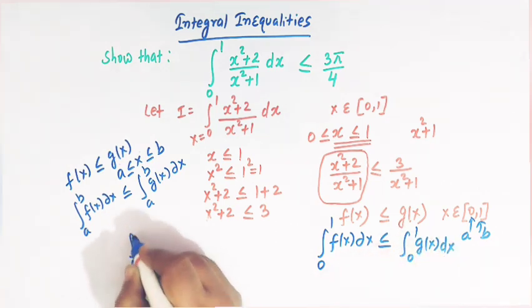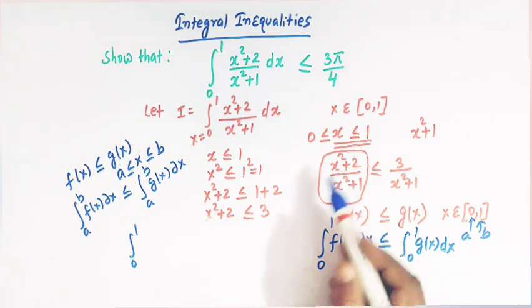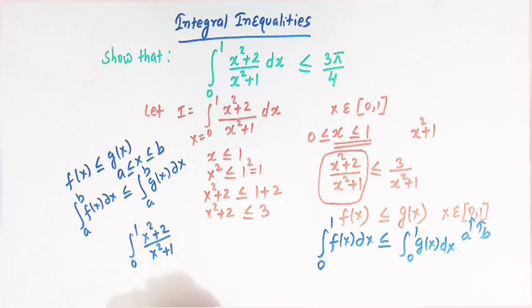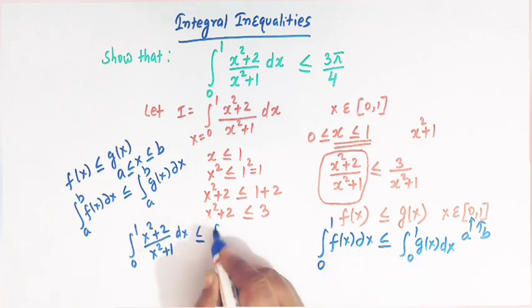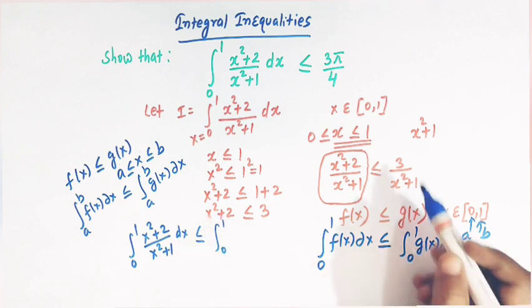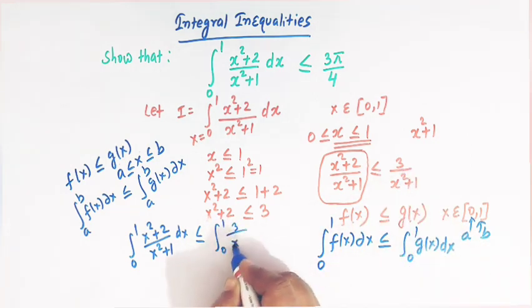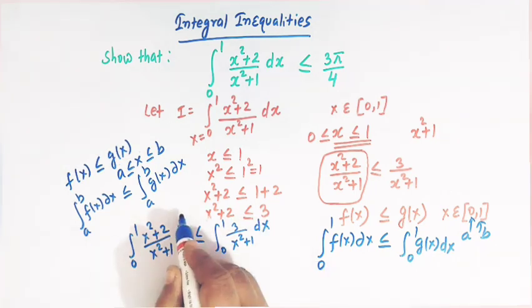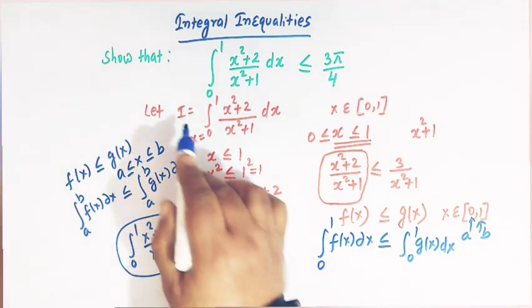Here f of x is (x square plus 2) over (x square plus 1), and g of x is 3 over (x square plus 1). Now this integral is I.